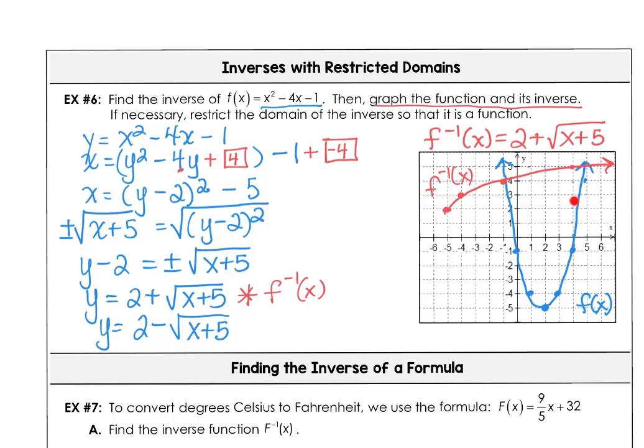It passes the vertical line test, but f of x is not 1-to-1. It fails the horizontal line test. Only by restricting the blue graph will f inverse pass the vertical line test to be a function.